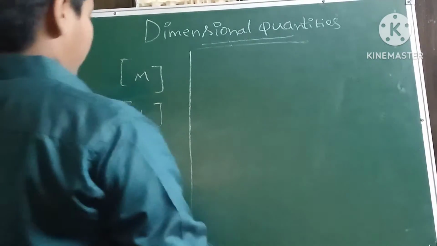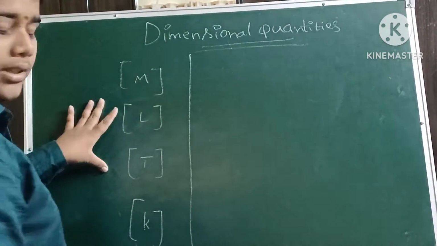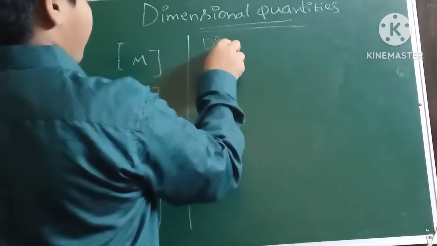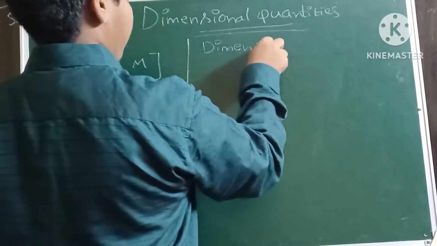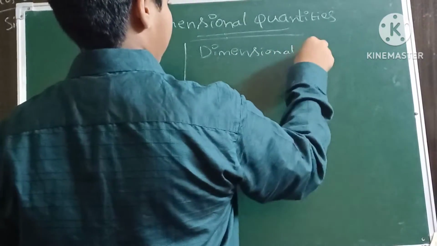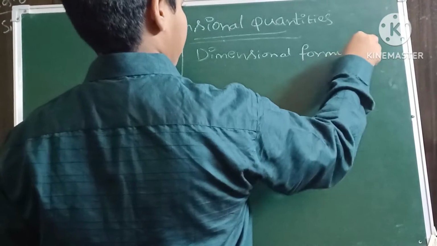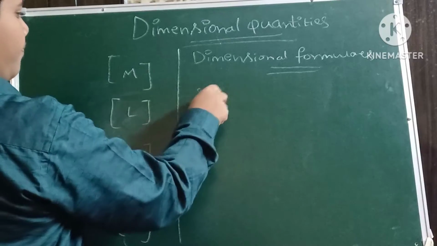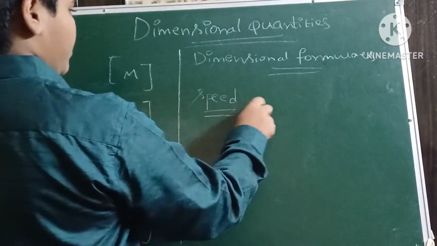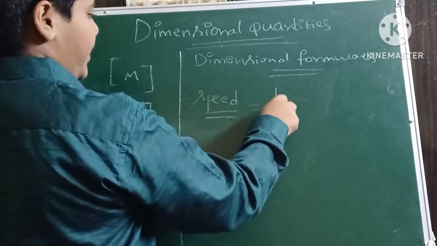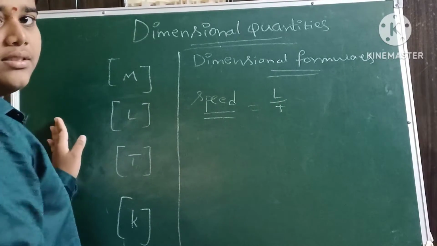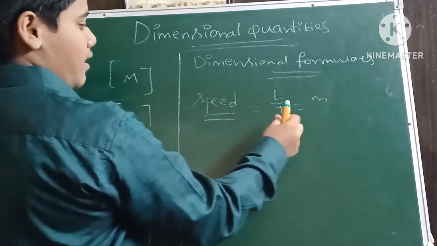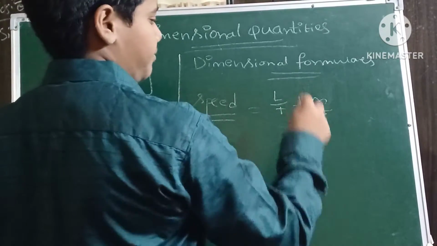So on the basis of dimensional quantities, how will we write dimensional formulas? If I take speed, the formula is length by time. The unit of length is meter and the unit of time is second.